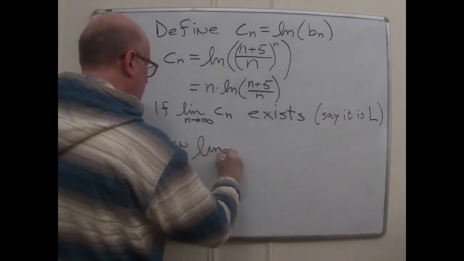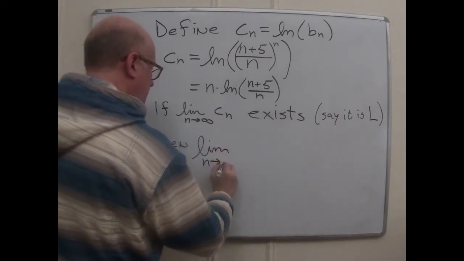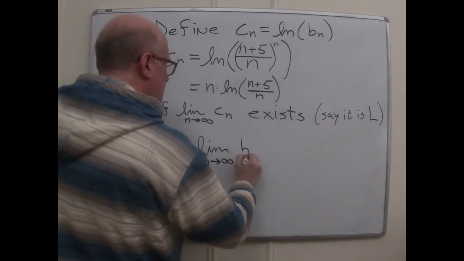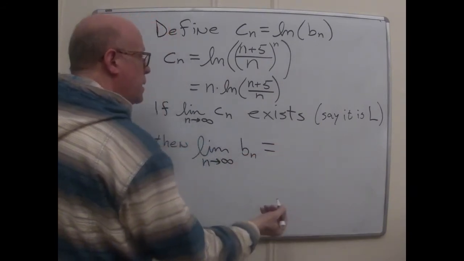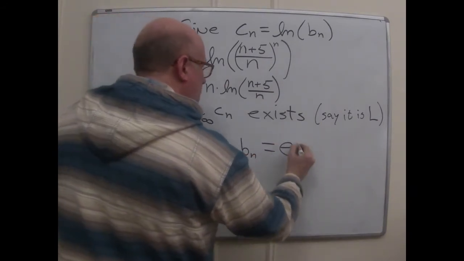The limit as n goes to infinity of b sub n is just going to be e to the L.